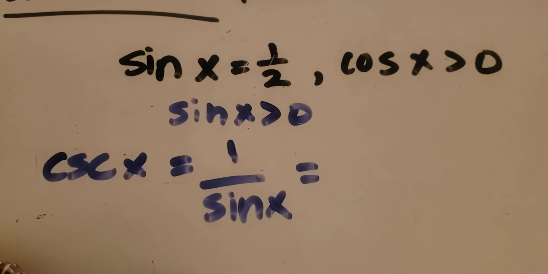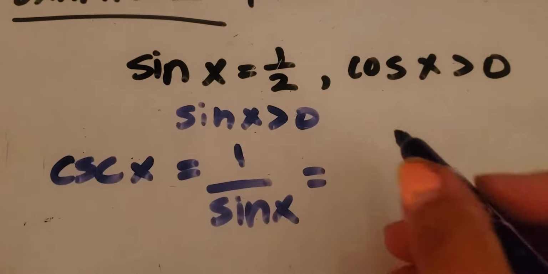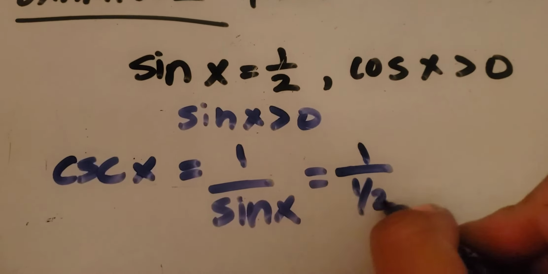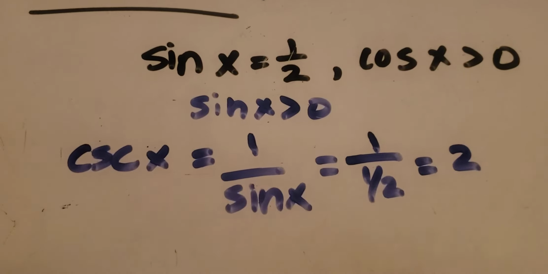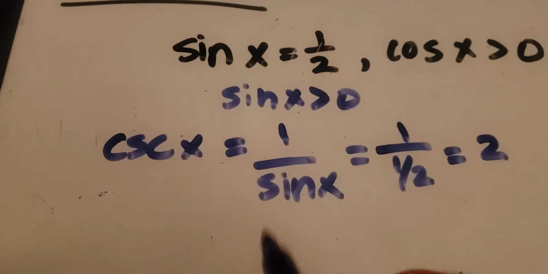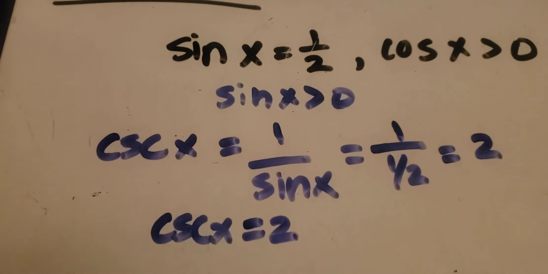So it's the reciprocal. If you do the reciprocal of sine of x, it's like doing 1 over 1/2. And this will just simplify to 2, okay? So we found our first value. So cosecant of x equals 2, okay?